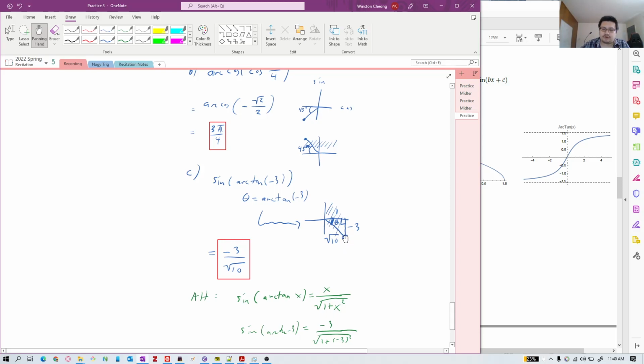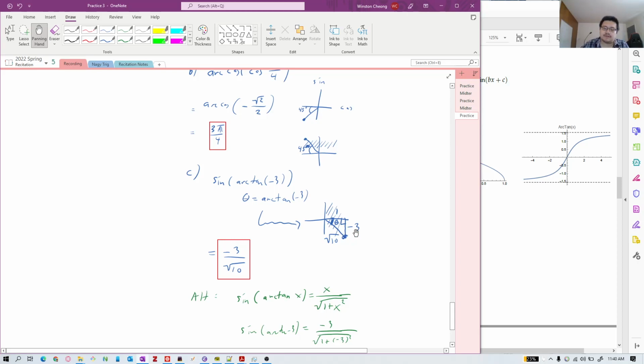So we would draw our angle here, draw our reference triangle, dropping a perpendicular, putting our theta, and knowing that this is arctangent, right? So tangent is going to be given by opposite over adjacent. We want opposite over adjacent to give me the value minus 3.